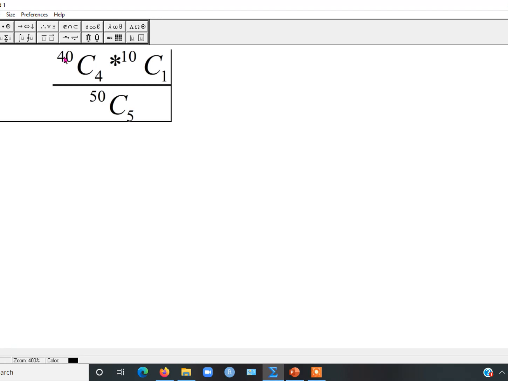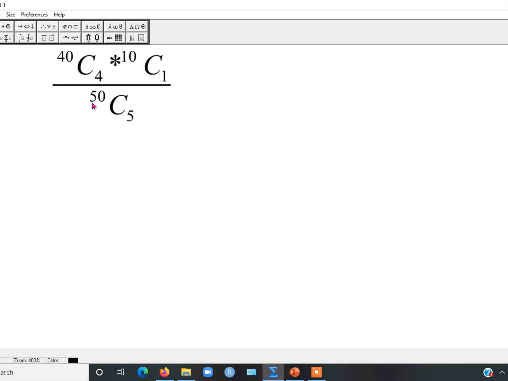So you can see that the sum of these two, 40 plus 10, 50, is a mandatory condition. If you have listed all the entries correctly, then the upper indices 40 and 10 should add to the upper index here, which is 50. Similarly 4 plus 1 should be 5. Why? Because the numerator is just a split of the denominator.